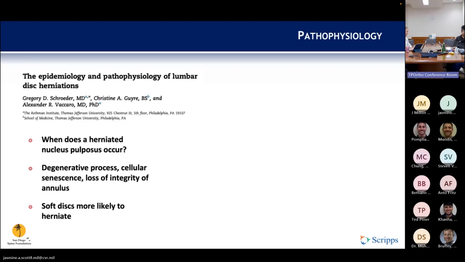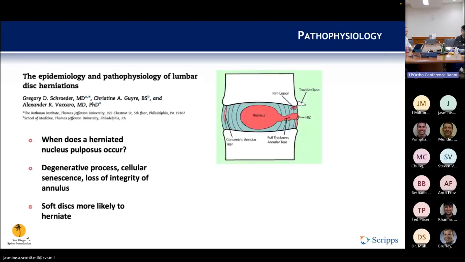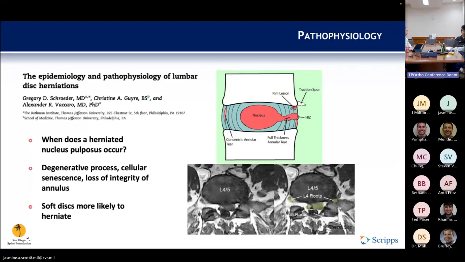And then, here's the schematic here. You can have a concentric annular tear or a full thickness annular tear, and you can see here how that happens visually. Soft discs are more likely to herniate than older, more fibrotic discs.